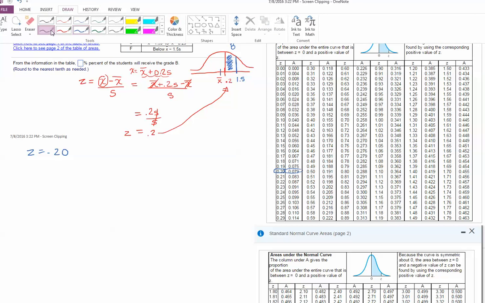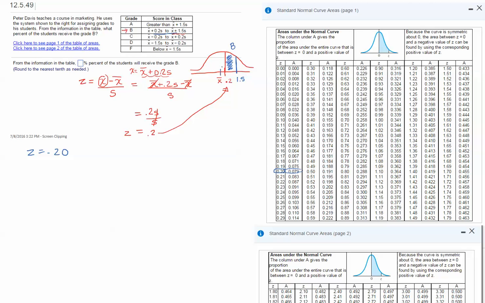It's important to know that that is the area going from the mean, so from 0 to your line. So that area in the picture is 0.079.